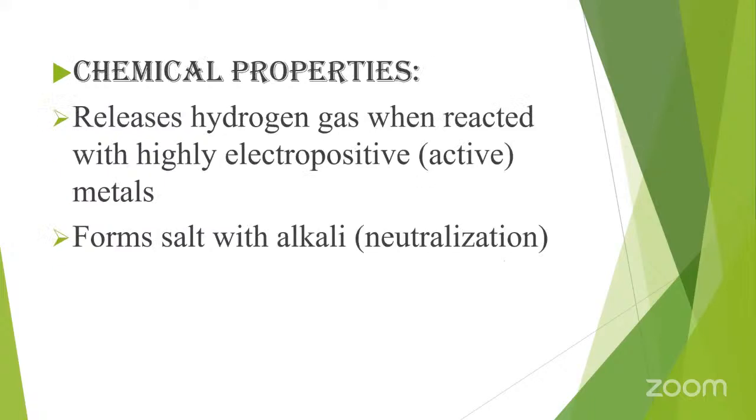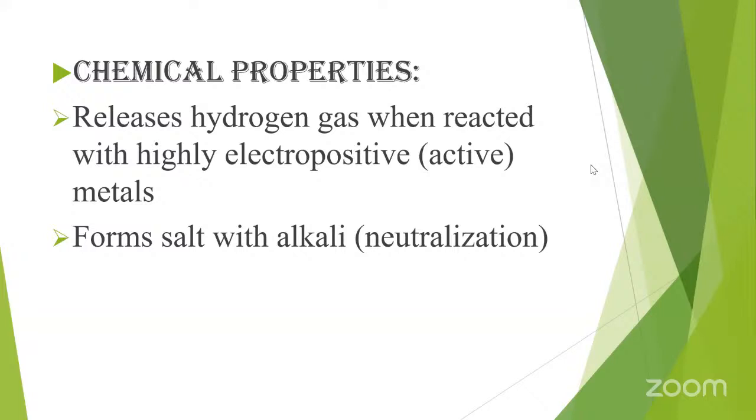Okay? Yes, now let's look at chemical properties of acids. One of the chemical properties of an acid is that it can release hydrogen gas when it is reacted with highly electropositive metals: sodium, potassium, calcium, and all that.